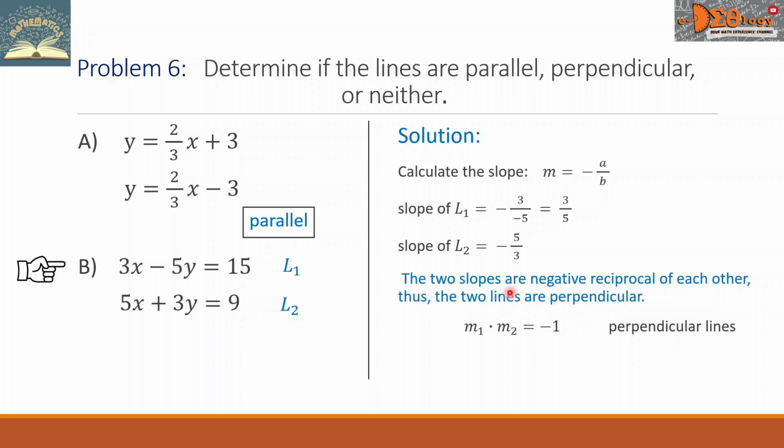Then we conclude that the two lines are perpendicular. If we multiply 3 over 5 by negative 5 over 3, we can see that the answer is negative 1. The left side can be reduced into negative 1, that is equal to the right side. So indeed, the two lines are perpendicular.